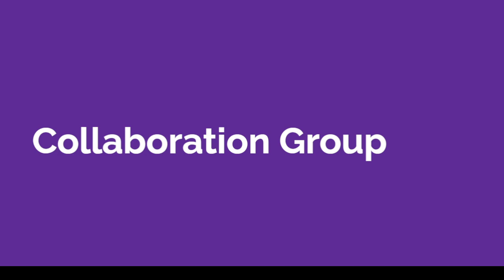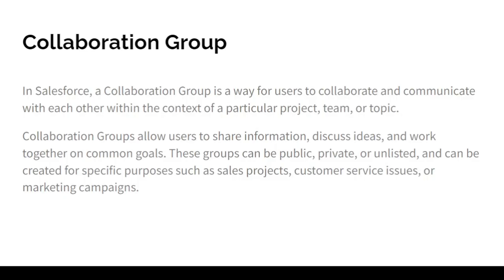Now coming to collaboration groups: you have heard about chatter groups or collaboration groups. What is the difference between them, and are the two the same or not? We will highlight these things. In Salesforce, a collaboration group is a way for users to communicate with each other within the context of a particular project, team or topic.